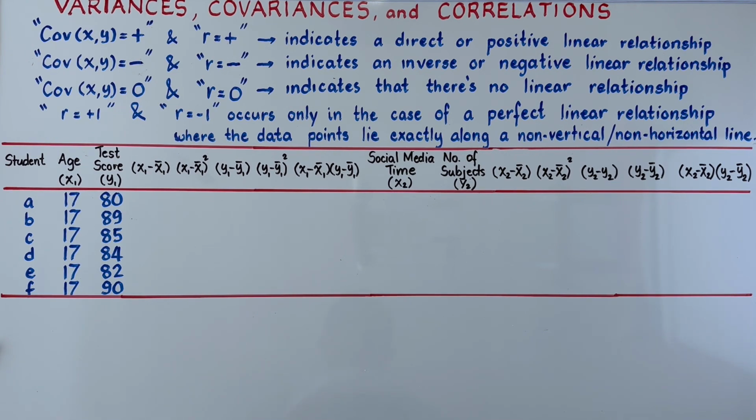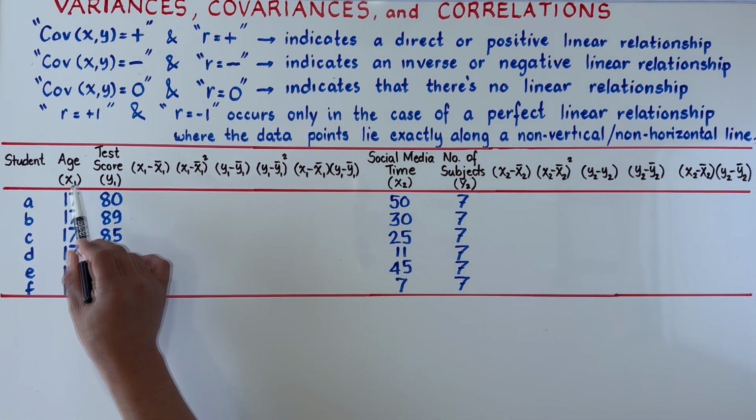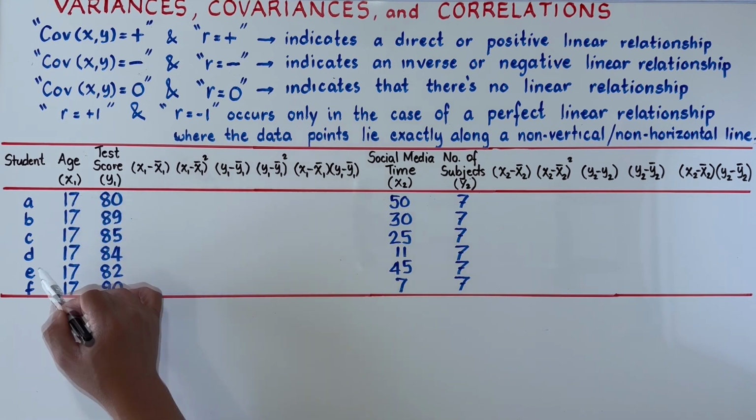Because if the data points fall on a vertical straight line or a horizontal straight line, then the correlation coefficient cannot be determined. And if the R value cannot be determined, this means that there is no relationship between the two variables. Now take for example the 6 students whose ages and test scores are these.